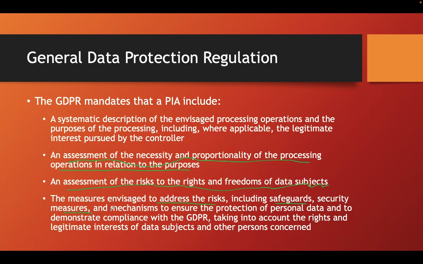They hope all of these are going to be safe. You put security measures in place to ensure that tomorrow you don't come up with a story that these people's data have been hacked or hijacked or stolen and used by other organizations for a purpose for which the data were not collected in the first instance.